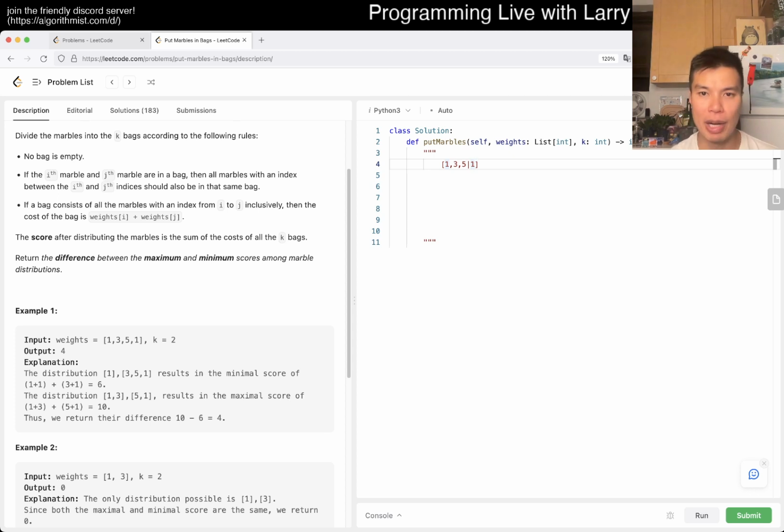I think let me try again to repeat it, because I'm not sure that I got it clearly the first time, because literally you're seeing Larry solve it live. Okay, so basically you have k-1 dividers, and each divider's contribution is basically the left and the right of the divider, because that means they become the component of, what do they call it, of a bag, right?